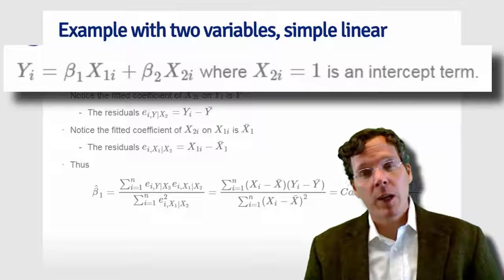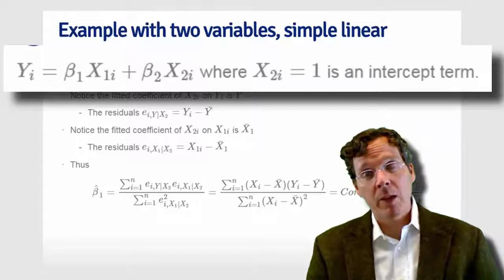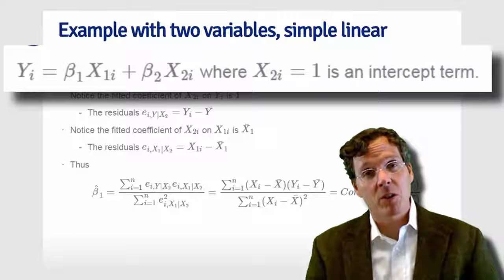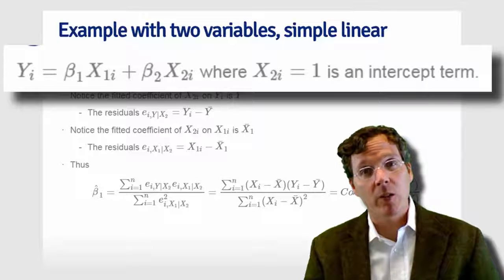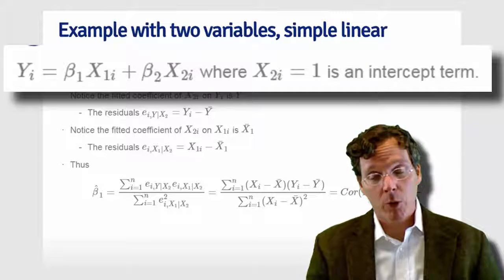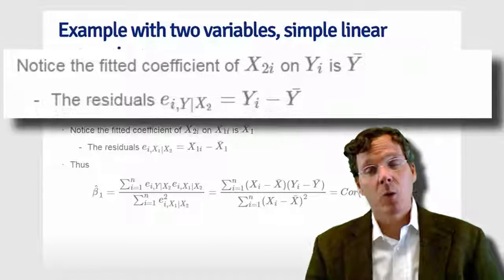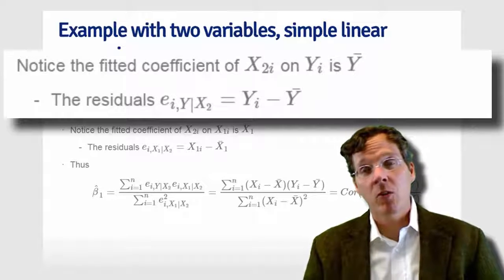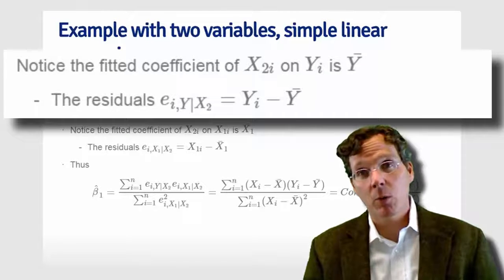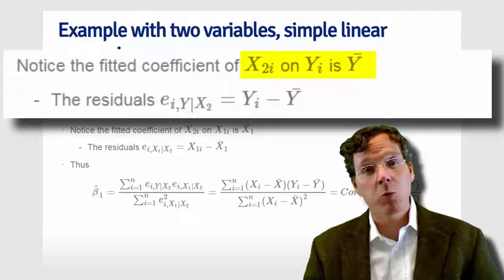So if we adhere to my rule that the estimated beta 1 coefficient is the one obtained by getting rid of x2 out of both the y term and the x1 term, let's think about what we would get if we fitted x2 on y. Well, x2 is just an intercept, so as we know in intercept-only regression, the fitted value is just y bar.